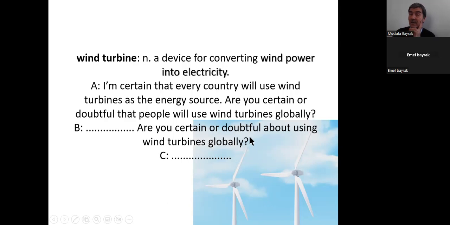Or why are there wind turbines? There are wind turbines for converting wind power into electricity. So there are wind turbines to generate, to produce electricity from wind power.